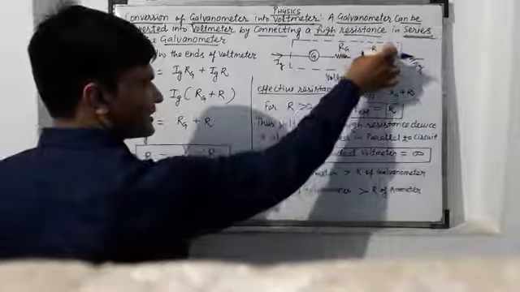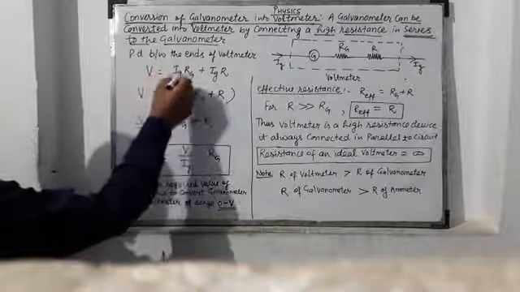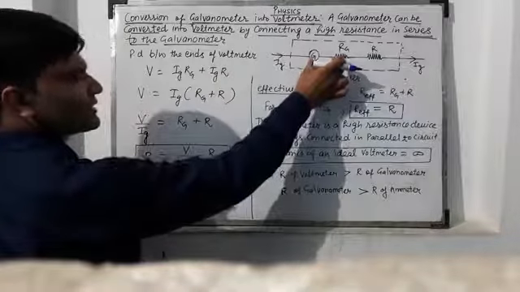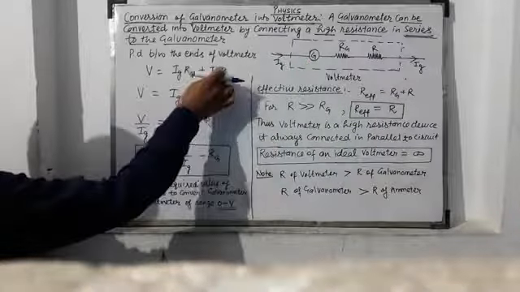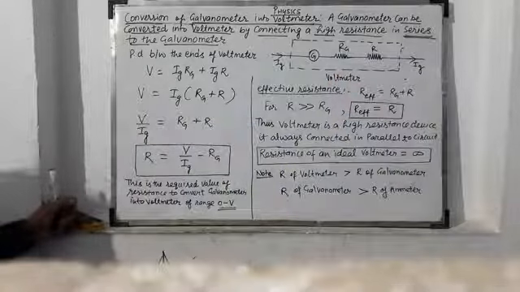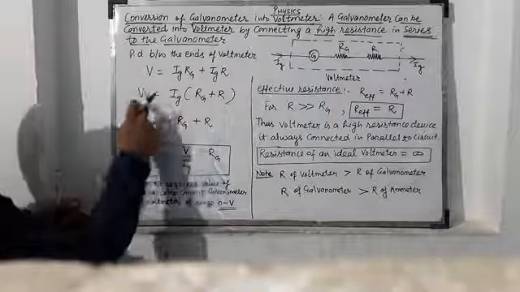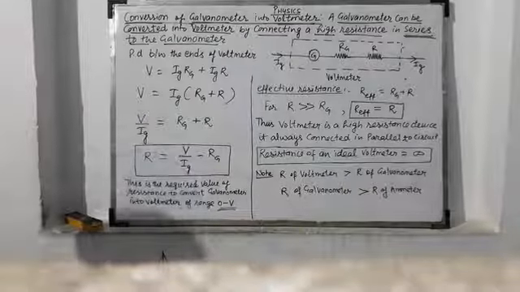difference across the resistance R. So V is equal to Ig Rg, this is the potential across the galvanometer, plus Ig R, this is the potential across the resistance R. As Ig is common, V is equal to Ig (Rg plus R).